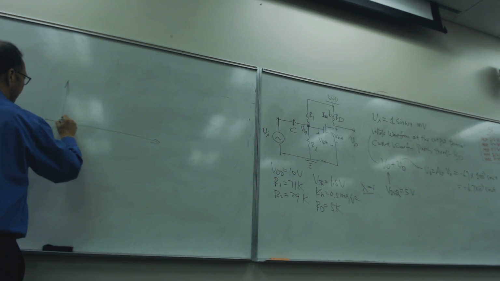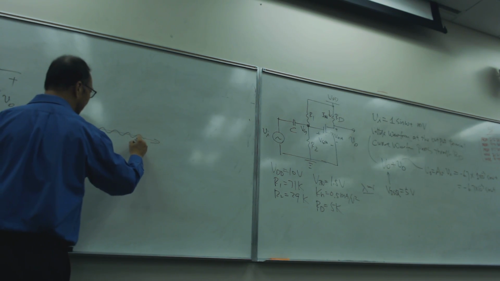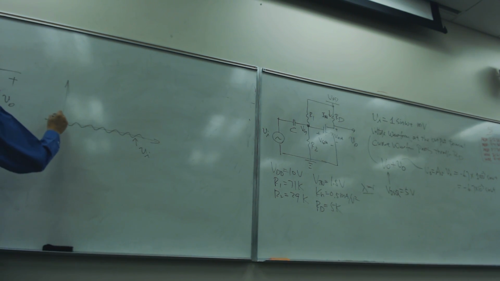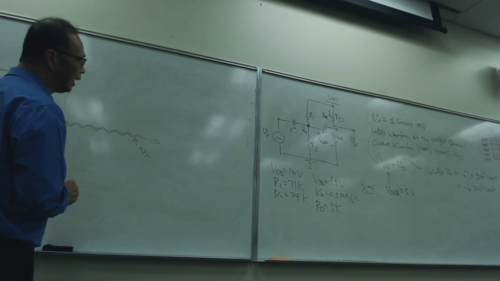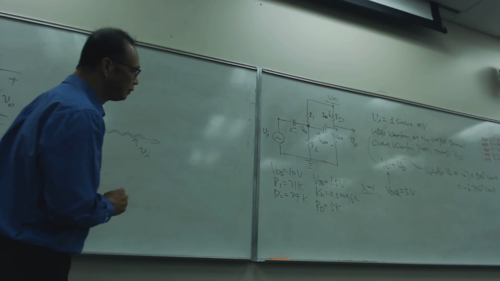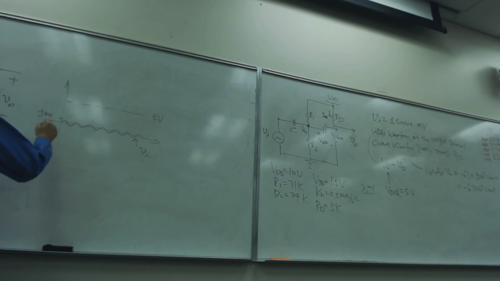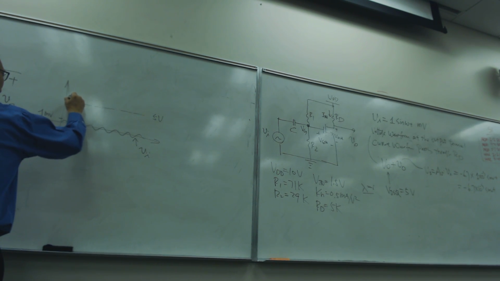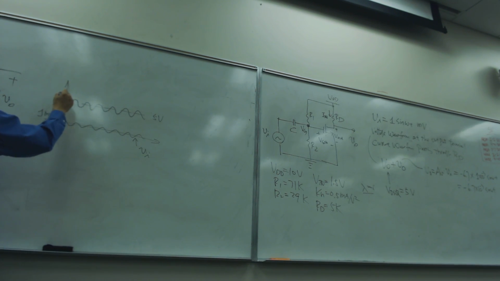Okay, first of all, you have the small signal. This is V sub I. The maximum is 1 millivolt, right? At the output terminal you have 5 volt, that's the DC. And then that is the waveform you should expect, right?